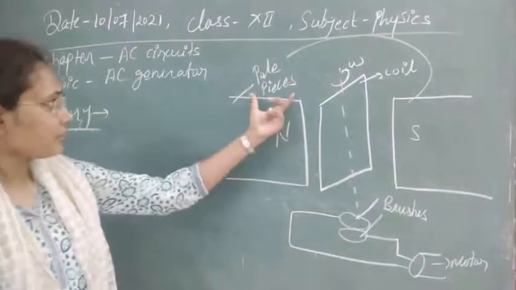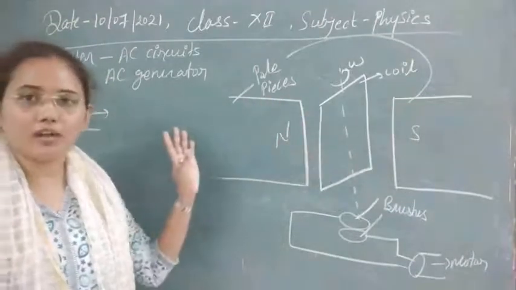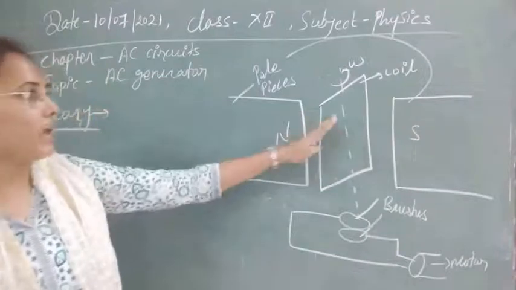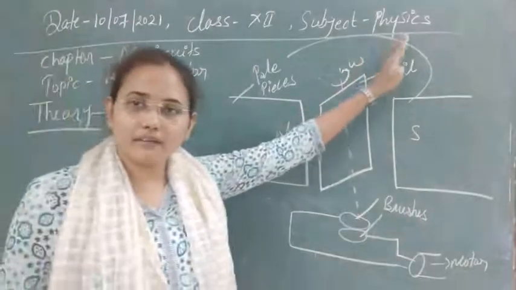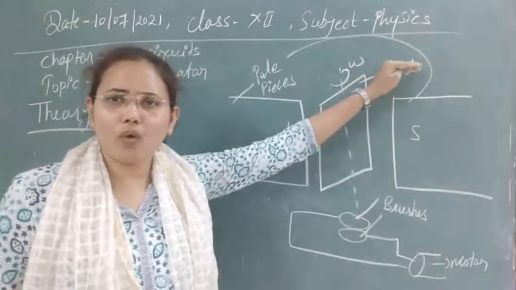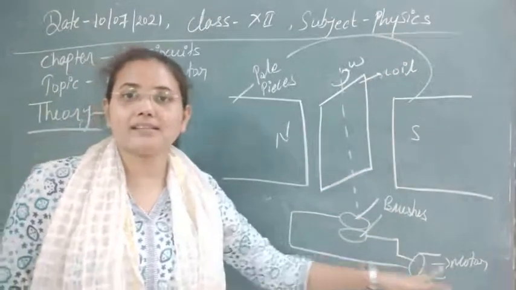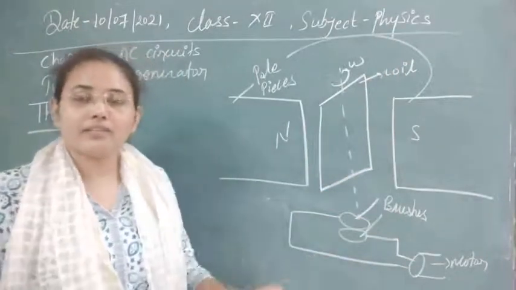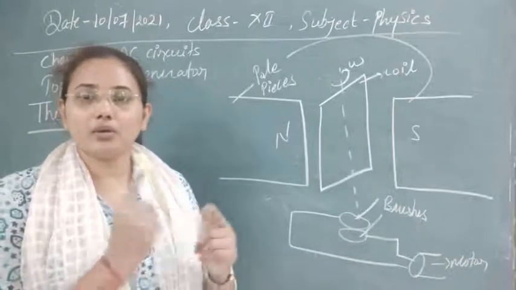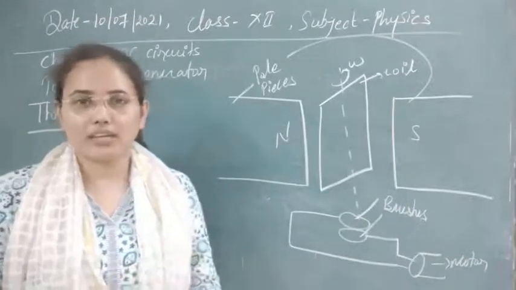Next, first of all, in the whole piece we have put a metallic coil, and this metallic coil is connected to brushes, and that is connected to a motor. Whenever the motor starts, these brushes will rotate. We also call them rotating shafts.